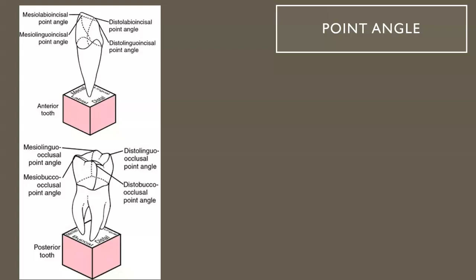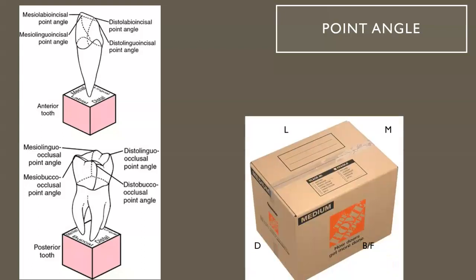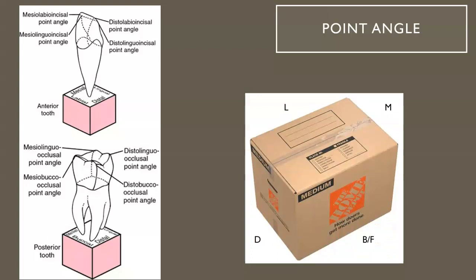Point angles are where three surfaces come together. If we think of the box, now it's taped and closed together. Here's buccal or facial. This up here would be either occlusal or incisal, distal, lingual, mesial.